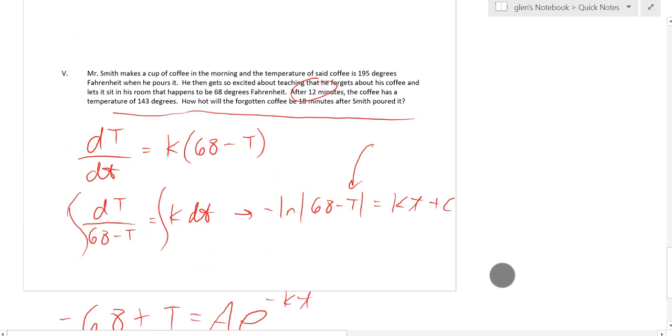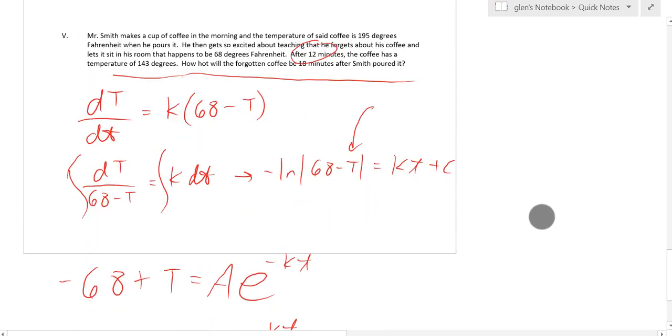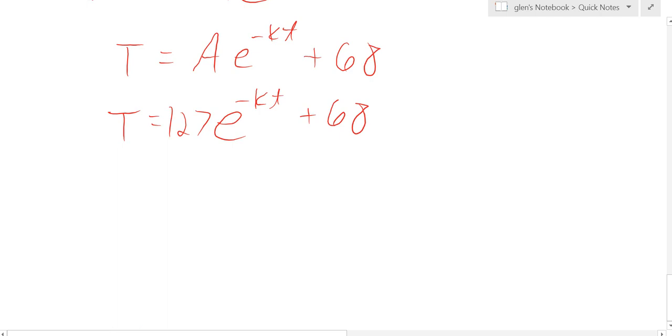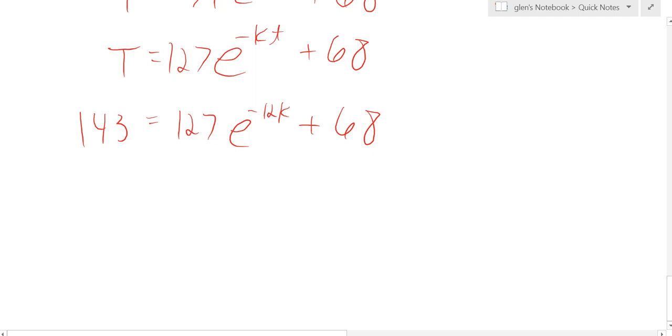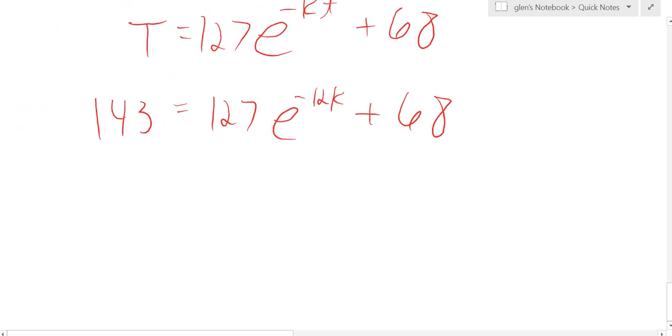So, we're going to plug in 12 minutes, you get 143 degrees. So 143 must equal 127 e to the negative 12k plus 68. Minus 68 off of here. What's that going to leave us with?